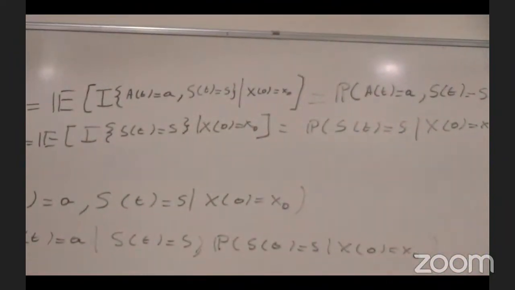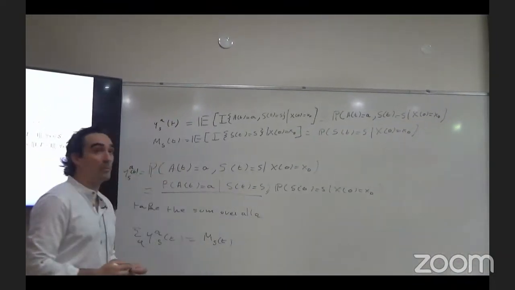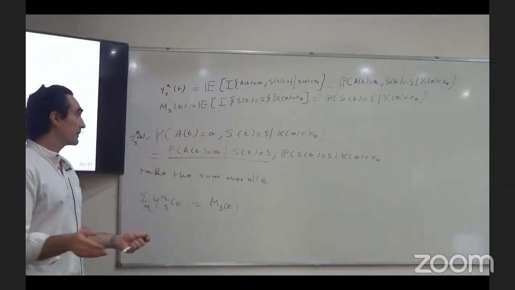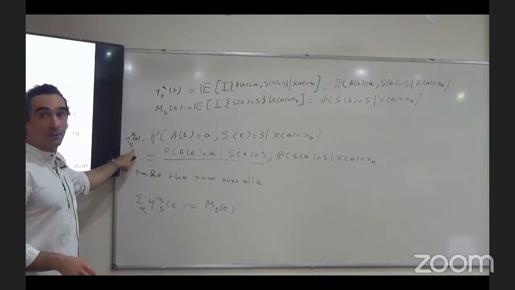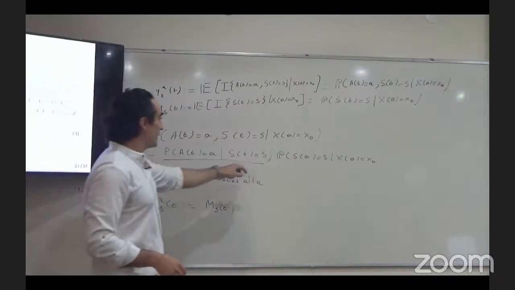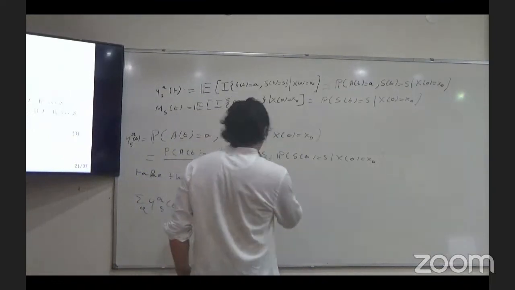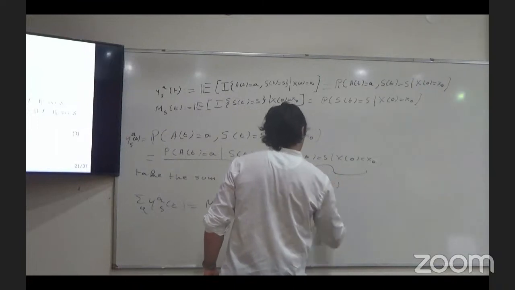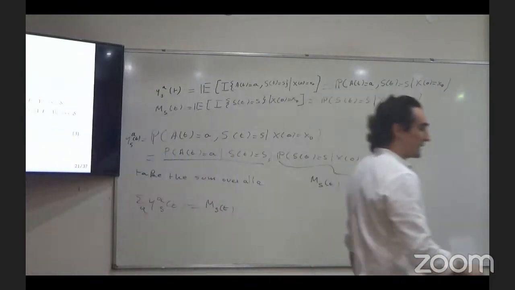And to recover actually the control, remember the control is actually this probability, right? The probability to play A of t equal A, knowing S of t equal S. And therefore, you can see that you can divide Y by M, as long as M is not equal to 0, to get the policy.